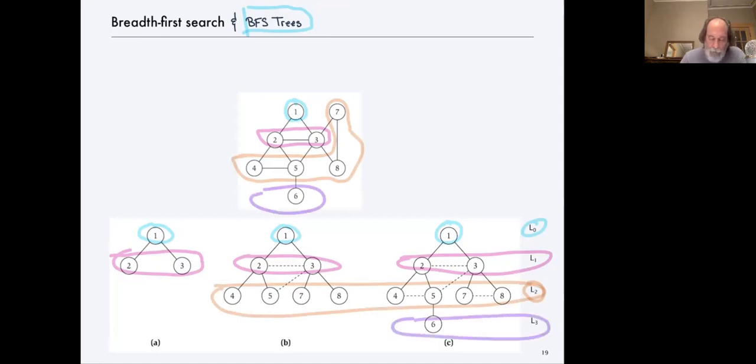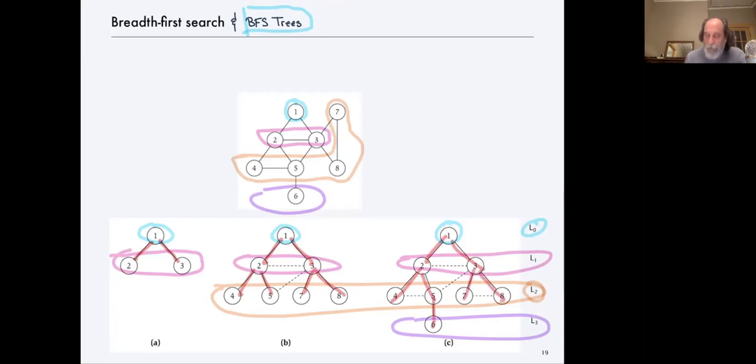Now, if we include in a diagram, as we've done, but haven't mentioned, the edges that we use in adding neighbors to the next layer, we get a tree.